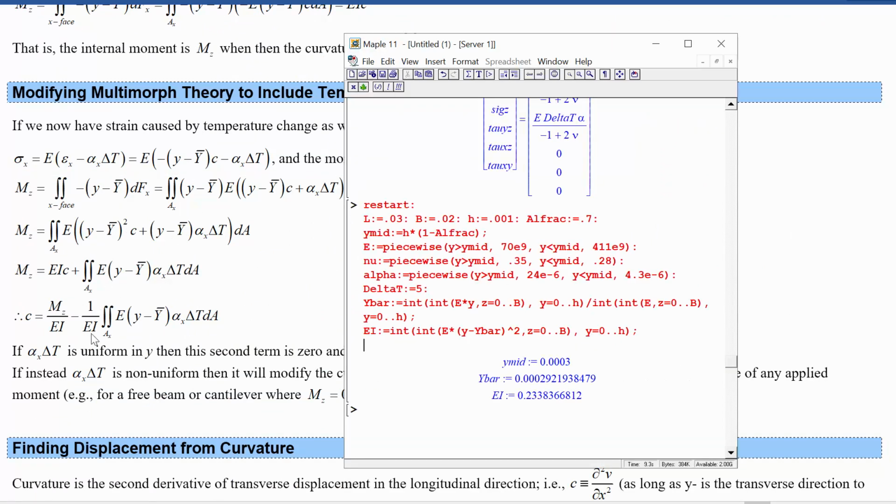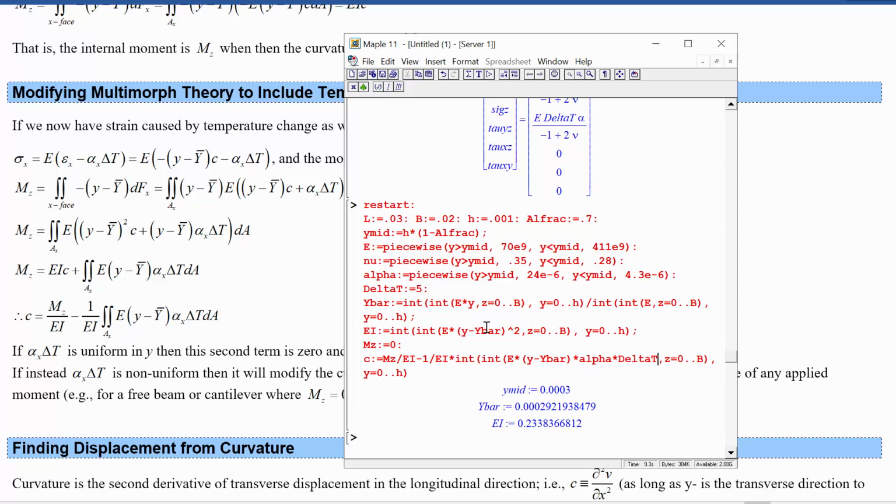So with EI in hand, we can say if MZ is equal to 0, because it's a cantilever, so we don't have any moment applied at the free end, then, ignoring the weight of the cantilever, the curvature is going to be MZ over EI minus 1 over EI times the same integral thing, except this time we integrate E times y minus y bar without squaring it, multiplied by alpha, multiplied by delta t.